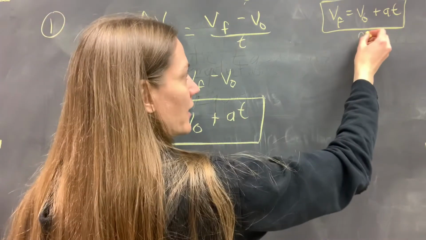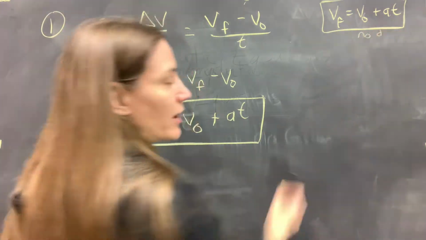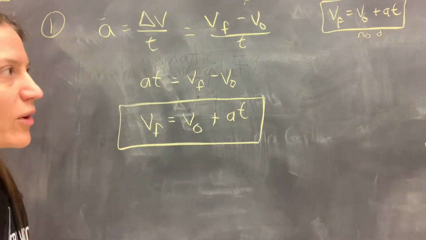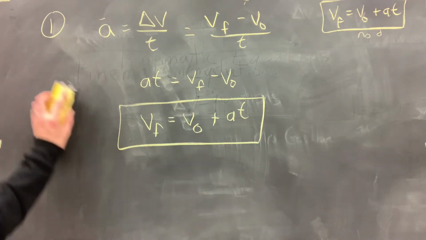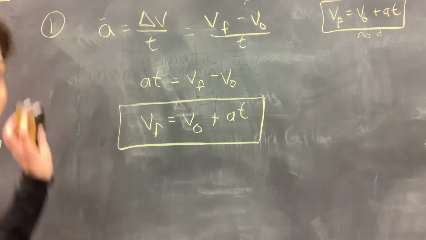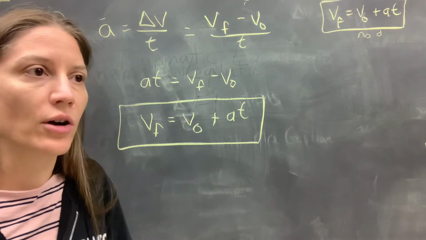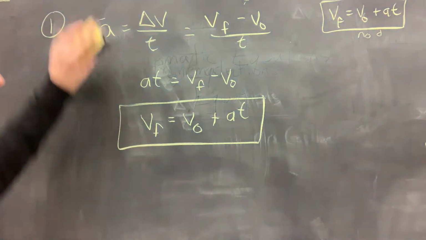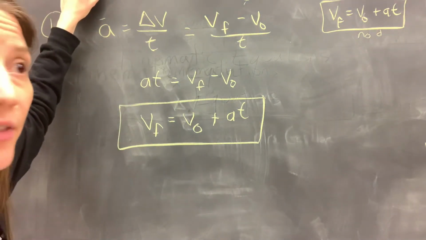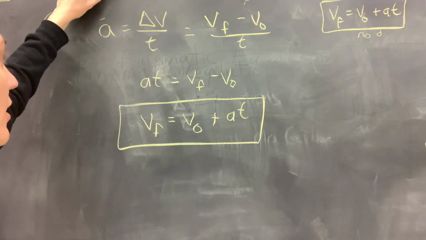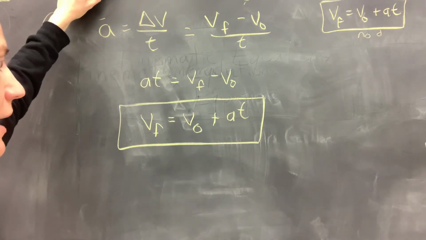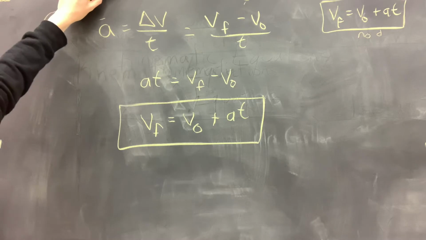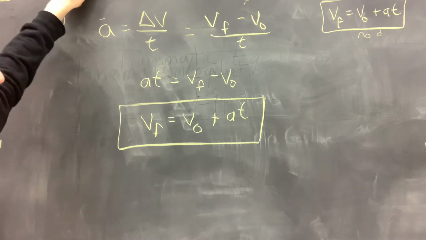Whether you're using y or x or whatever, this is one-dimensional motion here, so whatever your linear position is, you don't know anything about that for this object, only how fast it's going at two points in time, and the acceleration and the time. So that's that first one there. I'm going to move this out of the way.